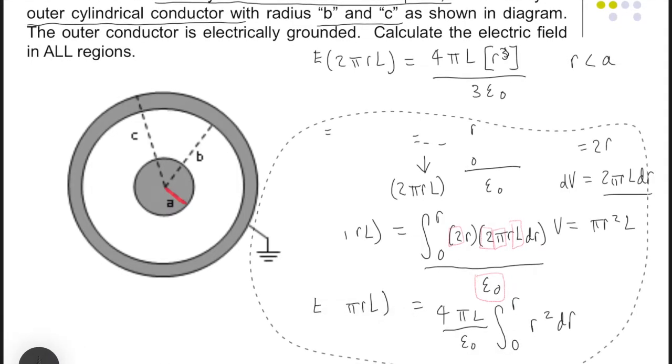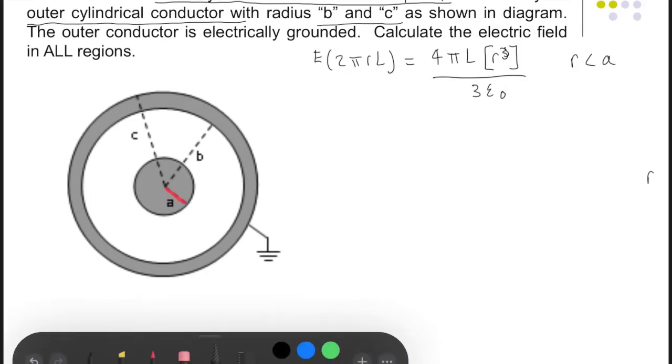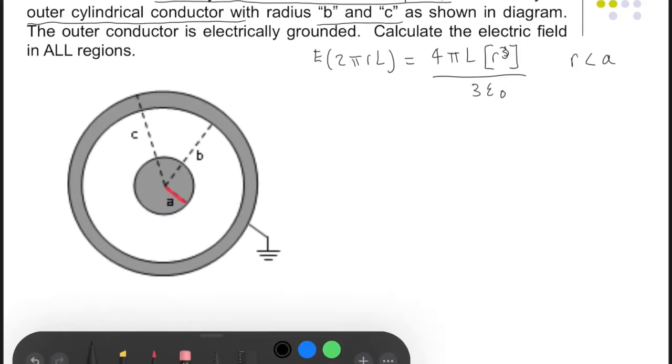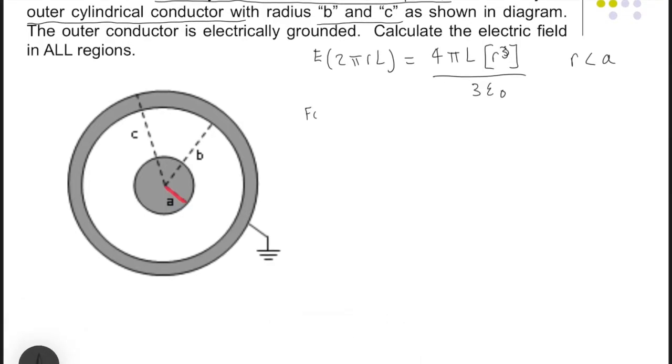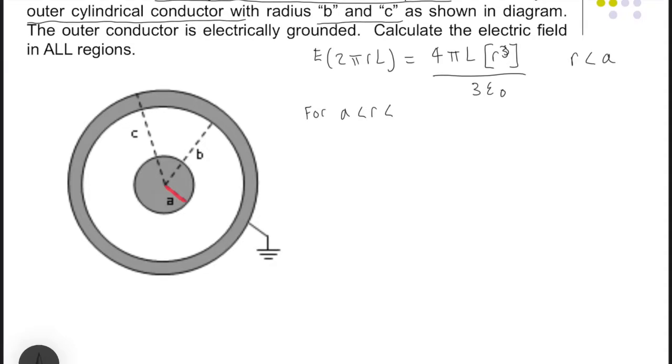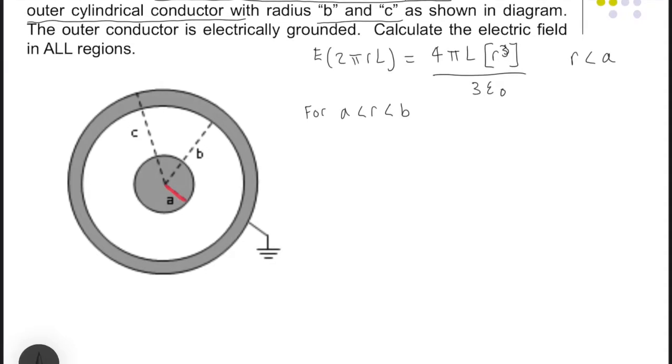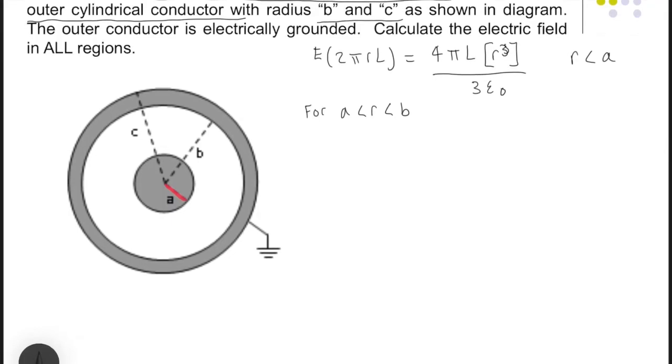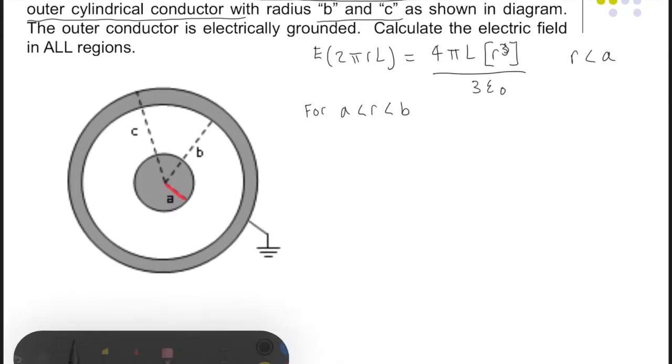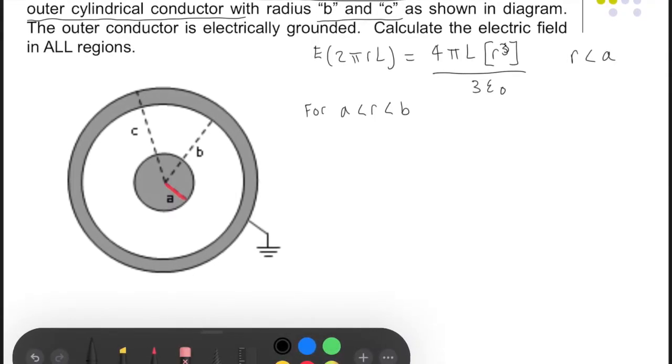We want to find it for a less than r less than b. So when we are looking for a less than r less than b, we're looking for the charges that are inside a. We're also looking at the Gaussian surface.